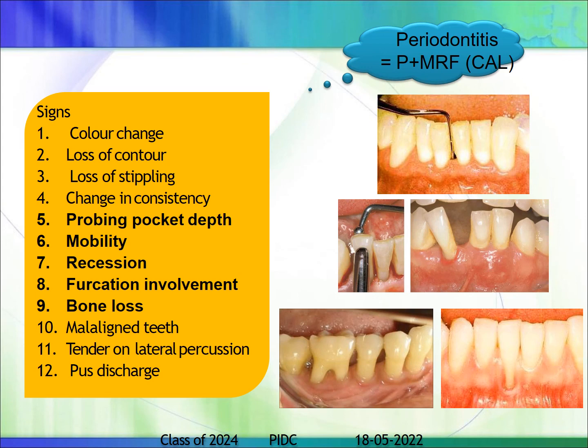I've given you another wording by the side: if you want to call it periodontitis, not only should the interdental clinical attachment loss be more than 3 mm, but if you have any pockets, mobility, recession or percussion findings, then that exactly falls into the category of periodontitis.